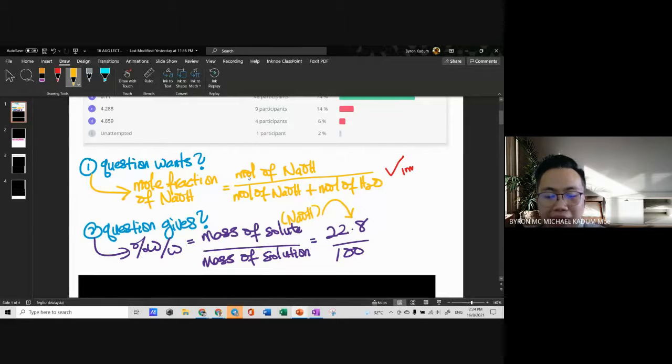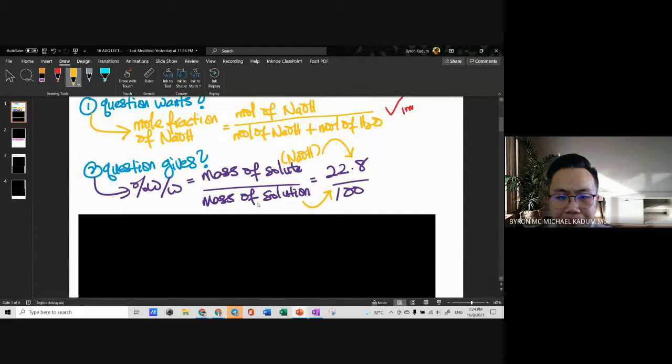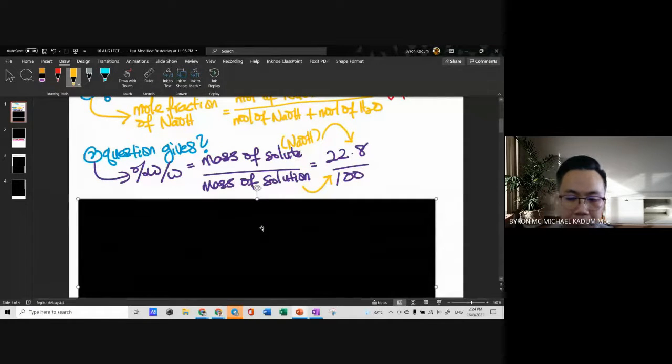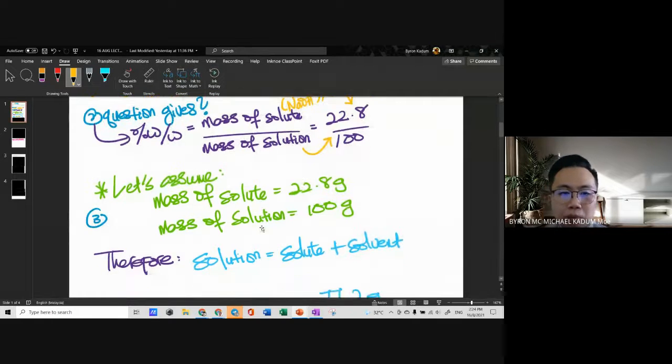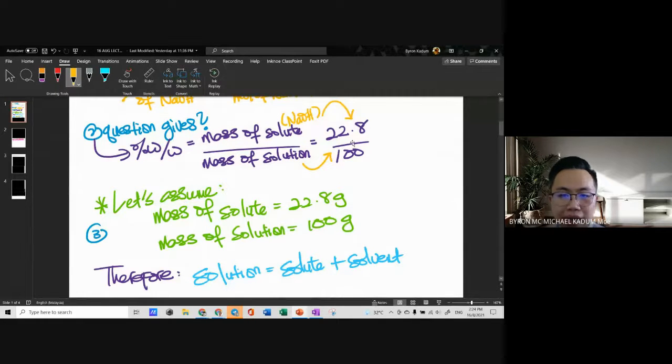And we can assume that the mass of solution is this, from what the question gives, okay? So from what you have done just now, step number 3, we will be assuming the mass, like what I have done over here. Now, my question now, why do I put grams?